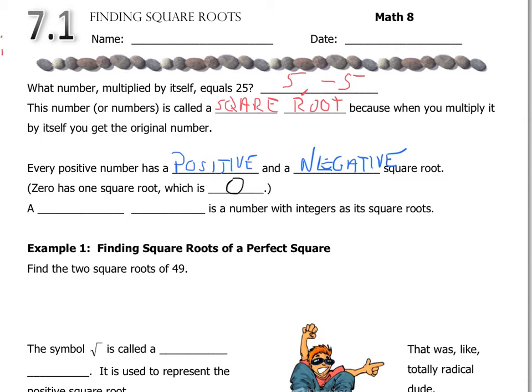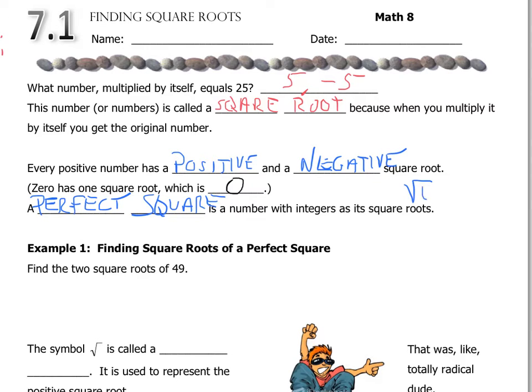When we have numbers that have integers as square roots, we call these perfect squares. So here's just kind of a quick list.